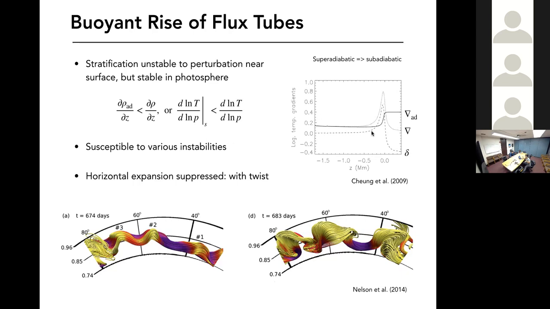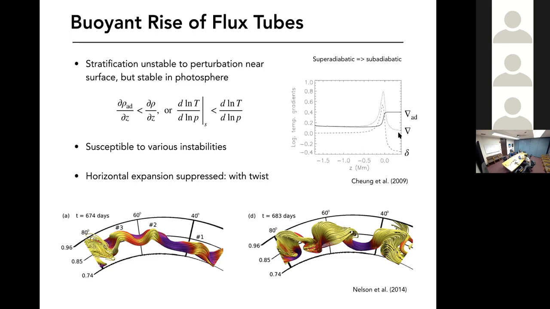The stratification is unstable. Oh no, sorry, I think maybe I plotted it wrong. Oh no, it's correct. So when this difference is bigger than 0, it's super adiabatic. You can see that below the surface, everything is super adiabatic.